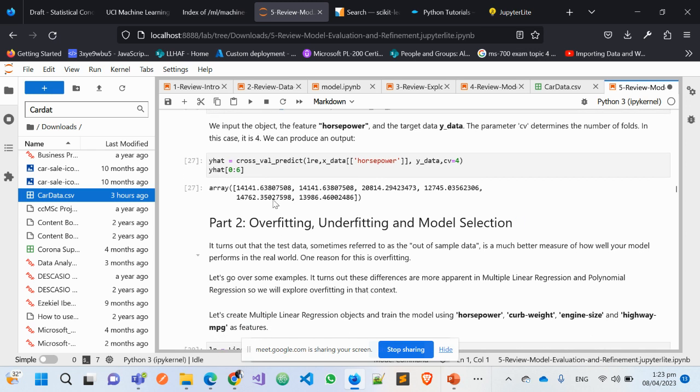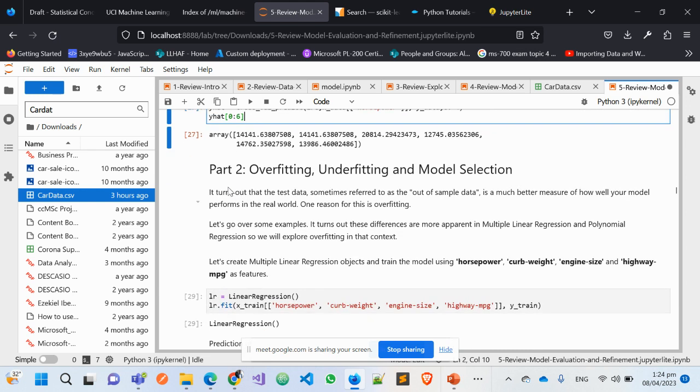Like I said, we are going to run through lab 5 to evaluate the model. It's an extension of module 4, after determining what model serves best for prediction and analysis.